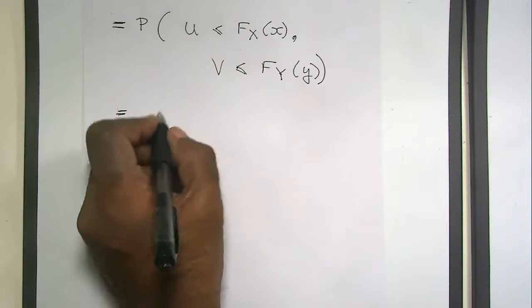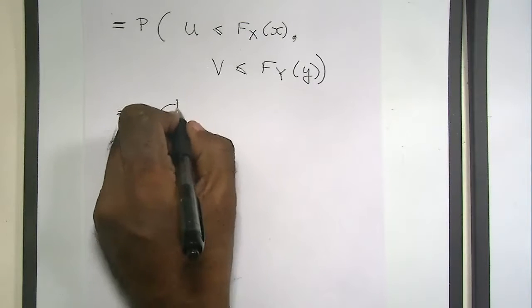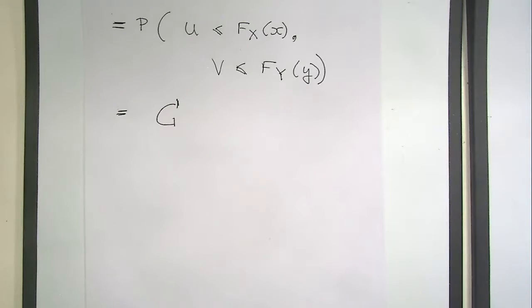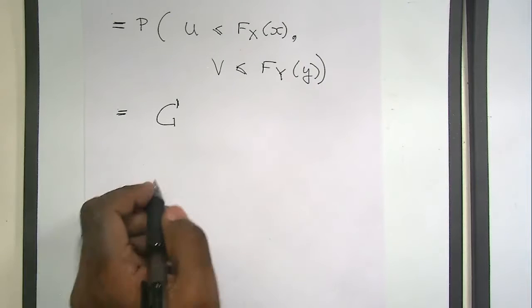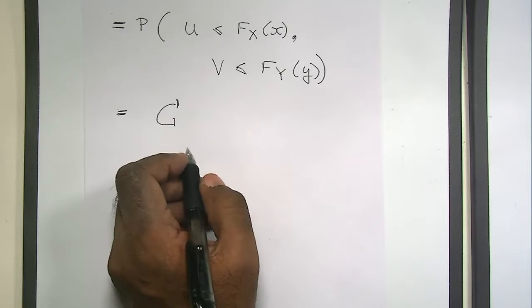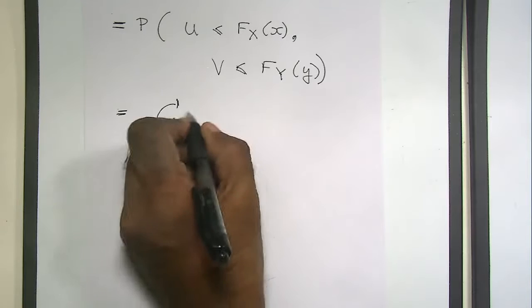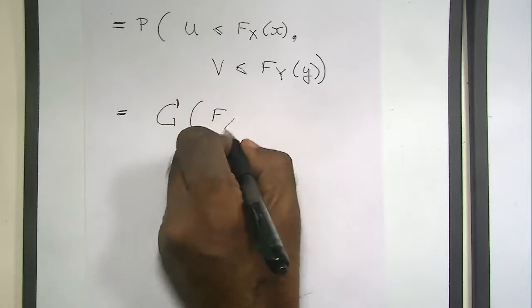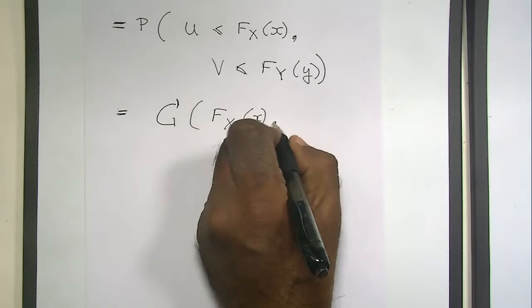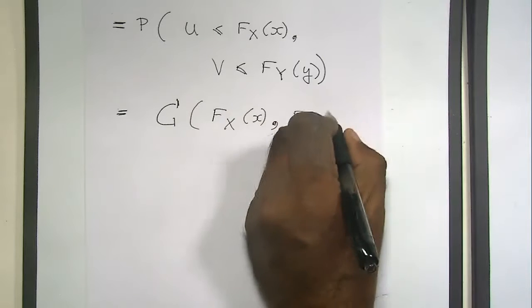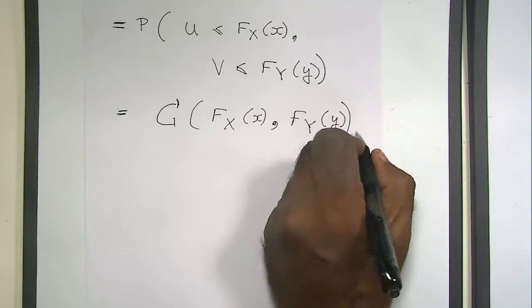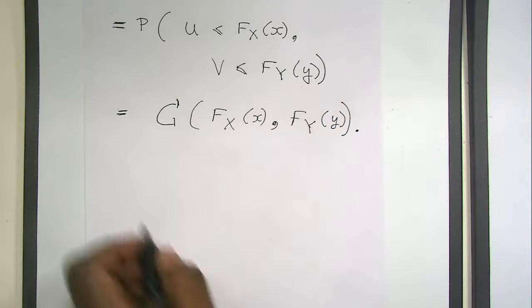Therefore you can write this as C, because remember, on the previous slide I said that a copula is something defined on the unit square with uniform marginals, right? So you can write this as C of F_X(x), F_Y(y). Okay, the proof is complete.